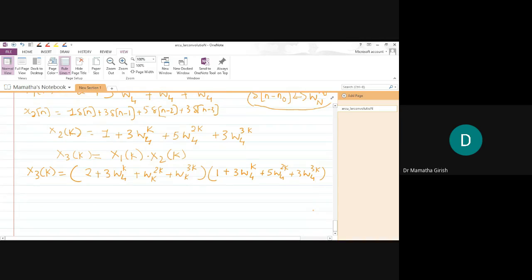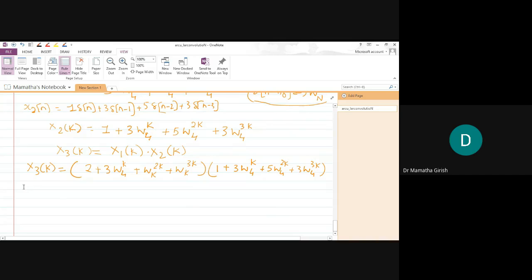This is plain multiplication, nothing else. Therefore for x3 of k, take the first term, multiply it with all the terms in the second bracket, then the second term with all the terms, the third with all the terms, the fourth with all the terms.